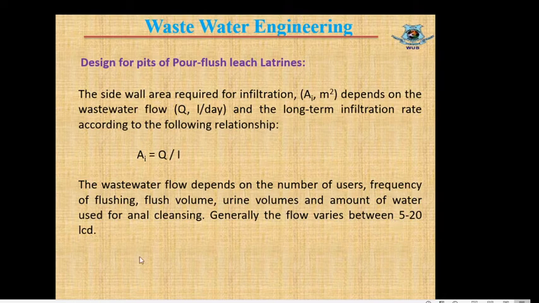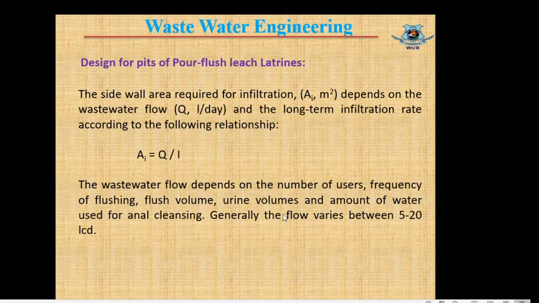That means this range is for one person. So total Q will be how many persons use this latrine technology, times the rate of water one person needs per day.